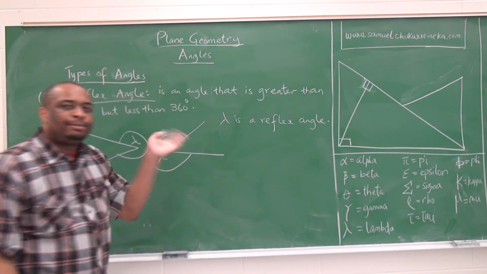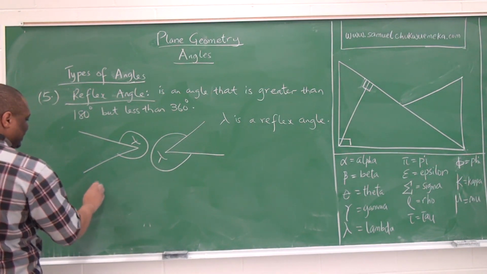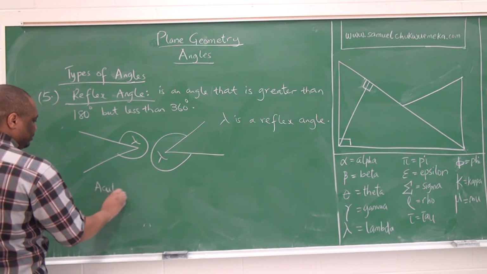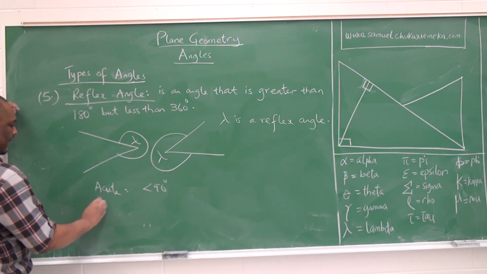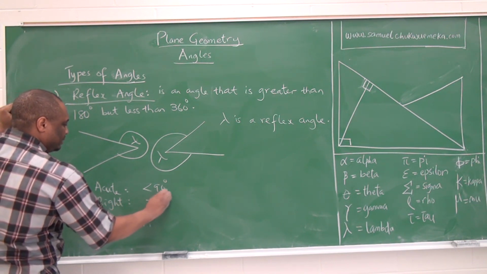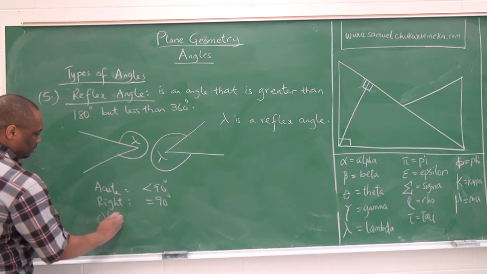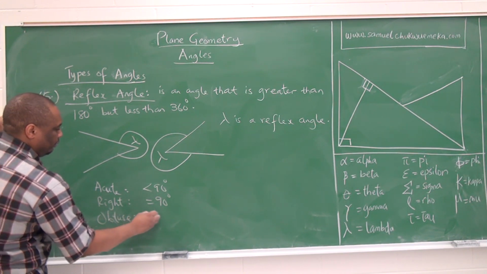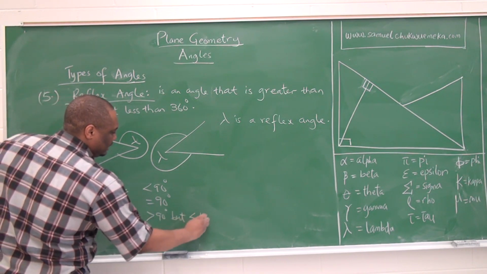So, the types of angles we have: acute, less than 90 is acute. Then we have what? Right. Right angle is equal to 90 degrees. Then obtuse, greater than 90 degrees, but less than 180 degrees.